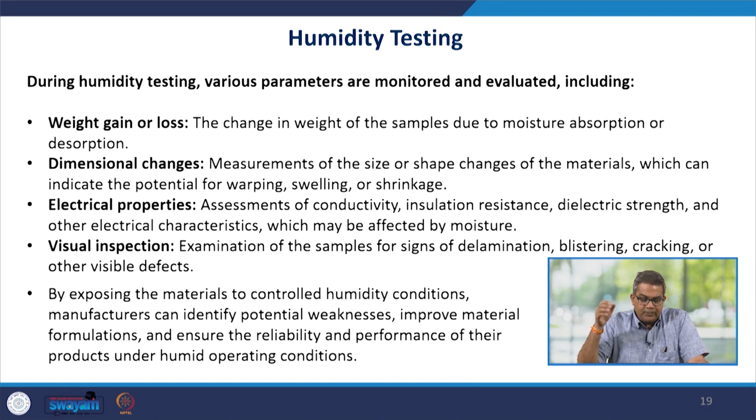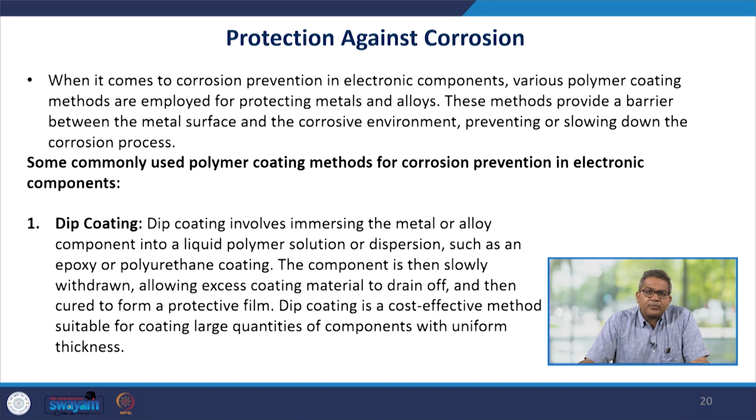Electrical properties, the assessment of conductivity, insulation resistance, dielectric strength and other electrical characteristics which may be affected by moisture. Visual inspection, the examination of the sample for signs of delamination, blistering, cracking and other visible defects.